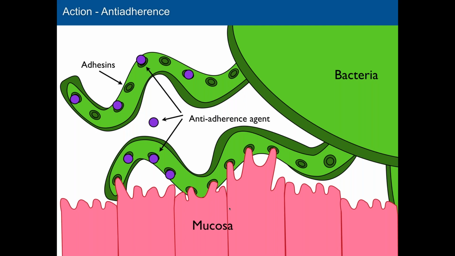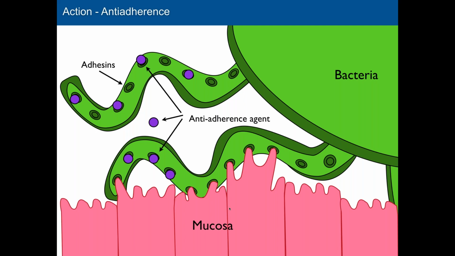Certainly when we look at one of the ways that, for example, elderberry and elderflowers work to reduce the duration and the intensity of cold symptoms, it has an immunostimulating effect, but it also has an anti-adherence effect and may bind up the viruses that cause certain types of colds, upper respiratory tract infections, and prevent them from binding to your mucosa.